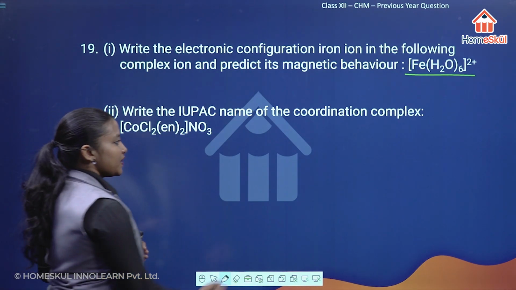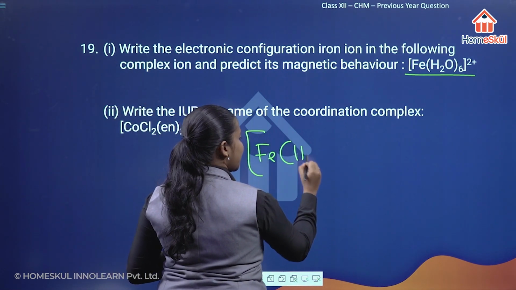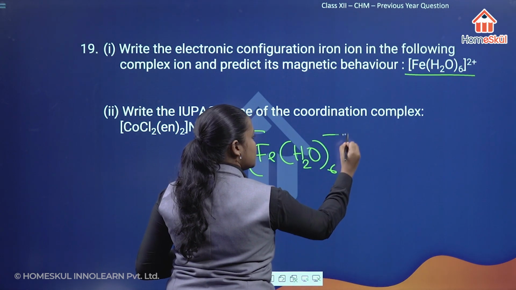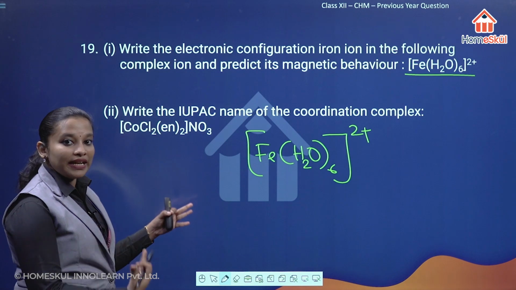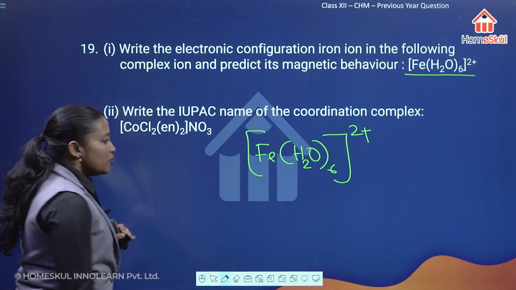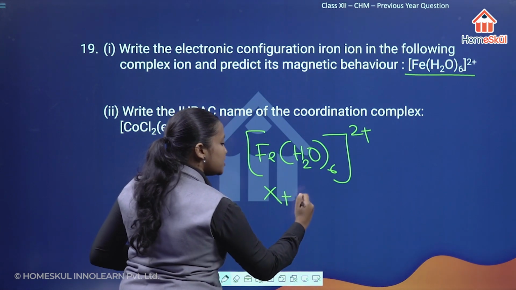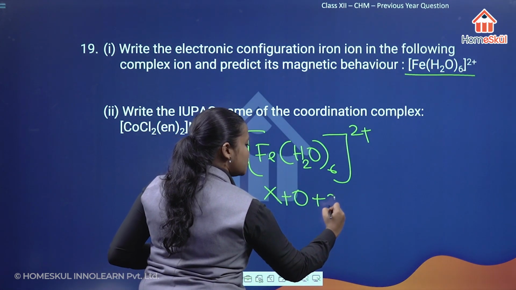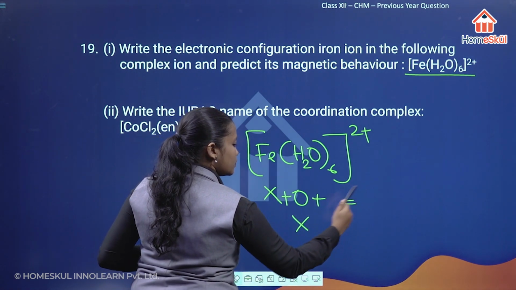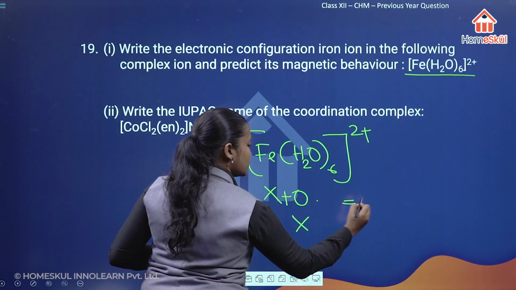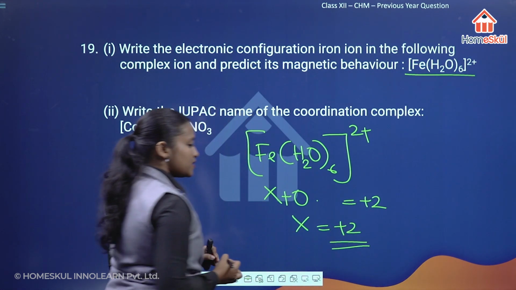Okay, let's write the coordination compound here, Fe(H2O)6 2+. So, in order to write the electronic configuration, we have to find the oxidation state of the central metal ion. That is x plus 0, since H2O is a neutral ligand, plus 2, which is equal to 0. x is equal to plus 2.